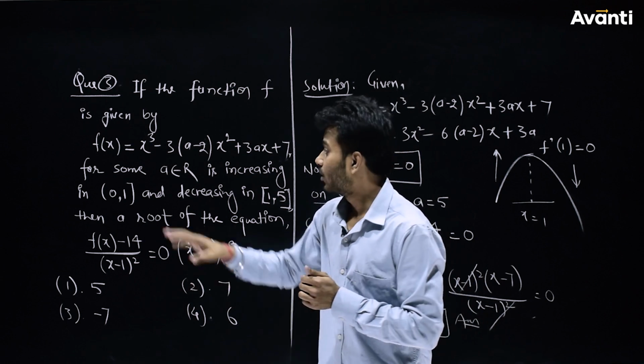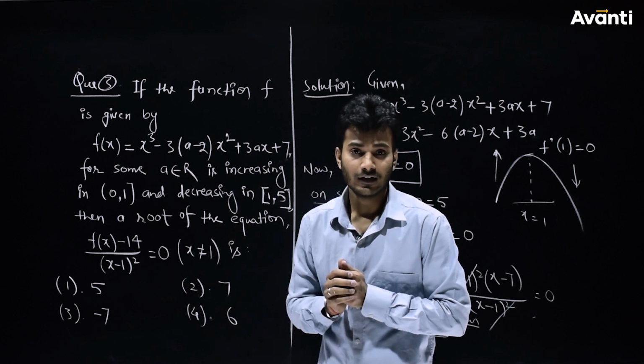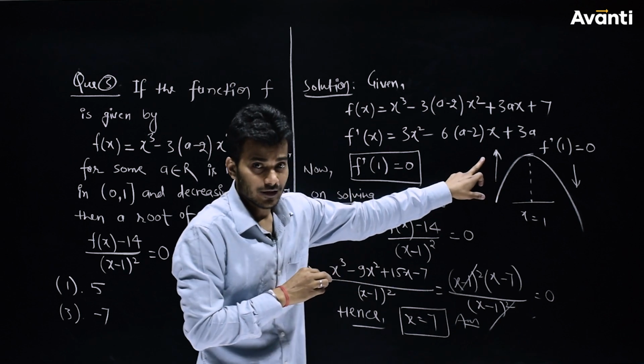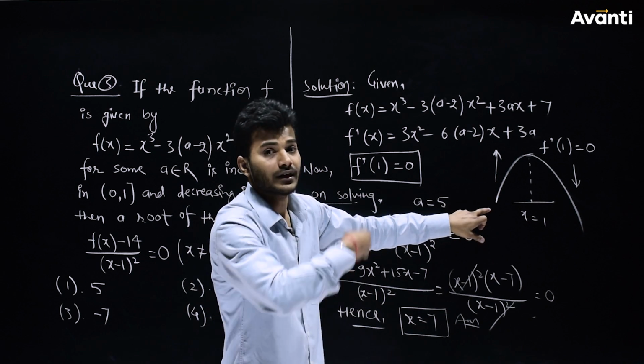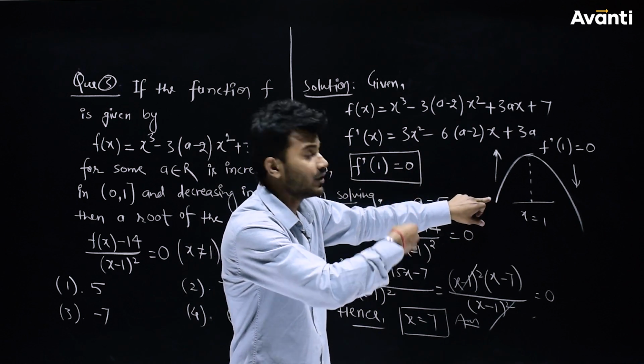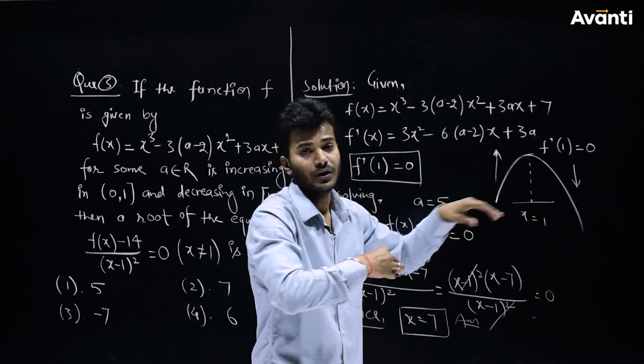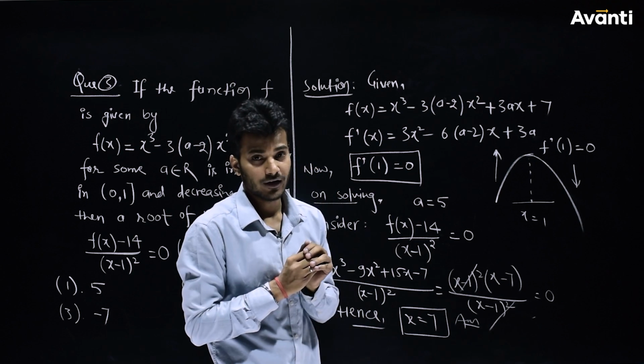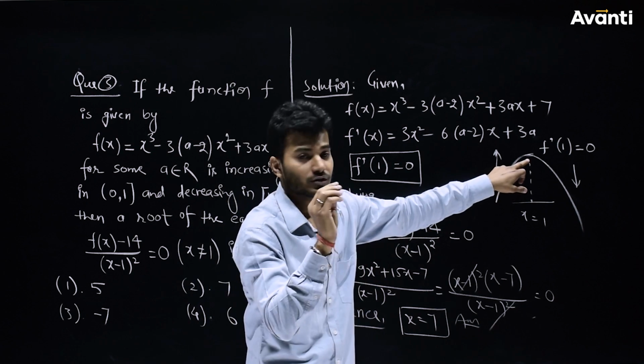Now, as this polynomial is always differentiable, the only possibility is that this function would be increasing from 0 to 1, and decreasing from 1 to 5.